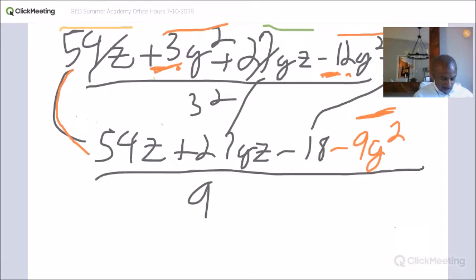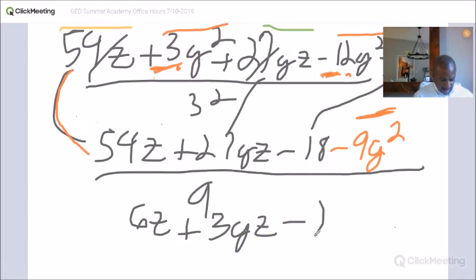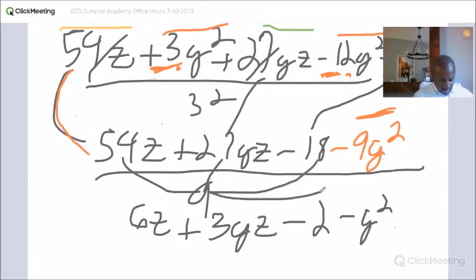And then what you would do is divide the 9 through. So 9 goes into 54, that would be 6z. 9 goes into 27 three times, so that would be 3yz. Minus 9 goes into 18 two times. And then 9 goes into minus 9y squared once, so a minus y squared. So that's 9 being divided into that, 9 being divided into that, 9 being divided into that, and 9 being divided into that.